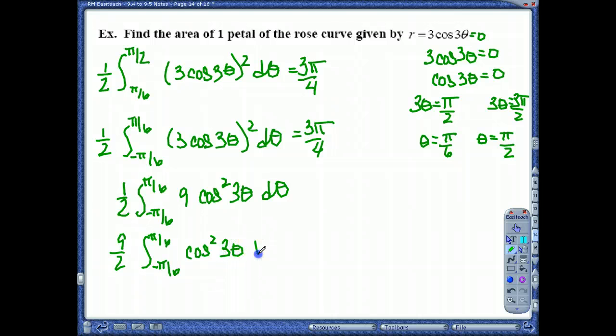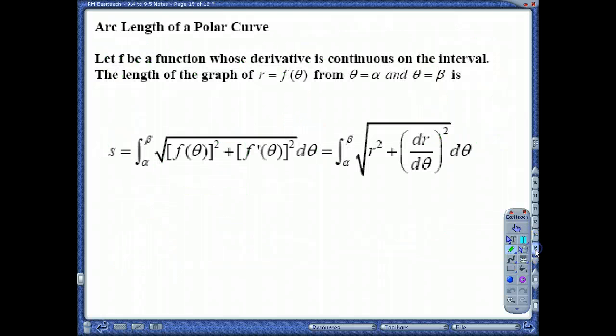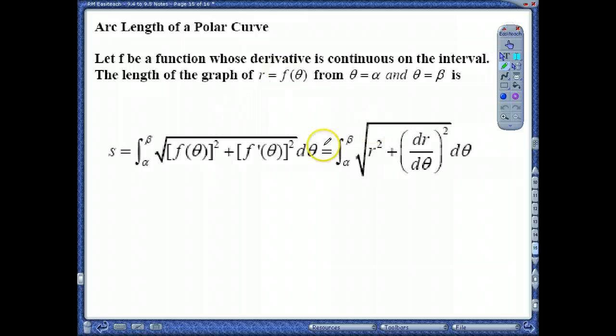Remember, if you just have a cosine squared or just a sine squared, you want to use that power reducing formula, that 1 plus cosine of, let me write the whole thing out for you, 2u over 2. So you can use this formula, substitute it in, and see if you can integrate this on your own without the use of a calculator and see if you get that 3 pi over 4. Give it a try.